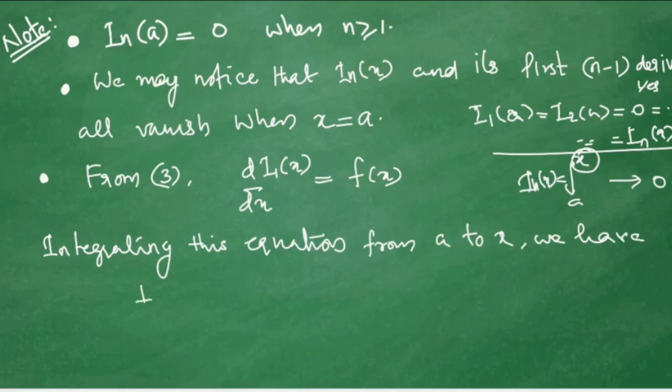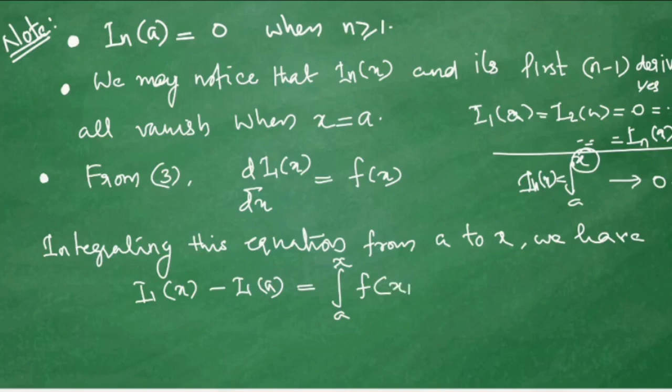So that will be I1 of x minus I1 of a is equal to integral a to x of f of x. Now x is a dummy variable, so we can replace it by any dummy variable.